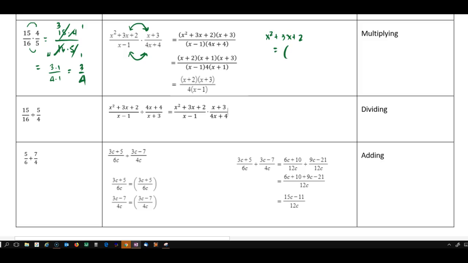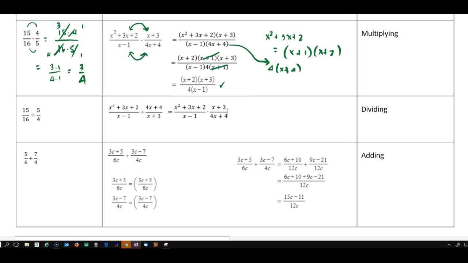This is factorable into x plus 1, x plus 2 by trial and error or by AC, and so is the one for x plus 4. So we rewrite the numerator and the denominator and cancel common factors.